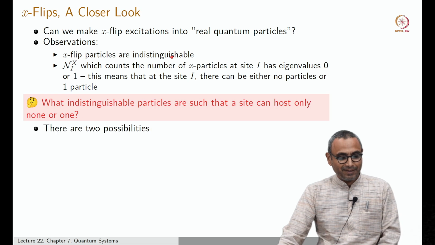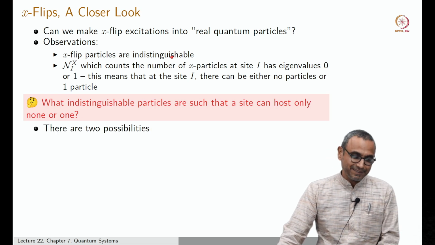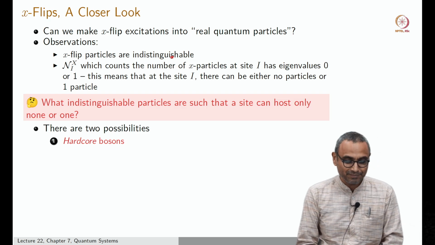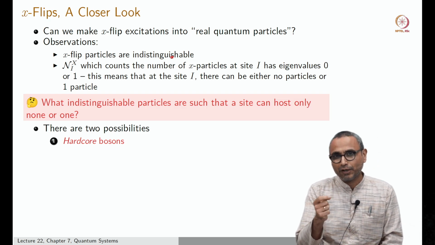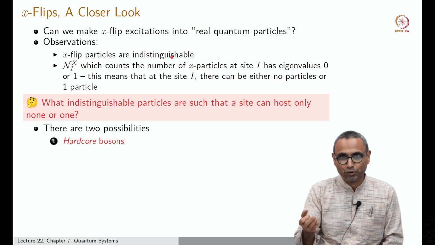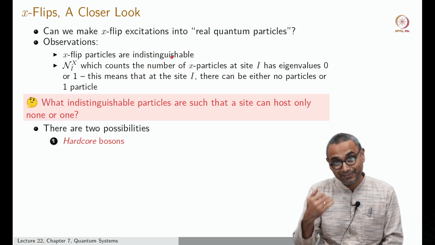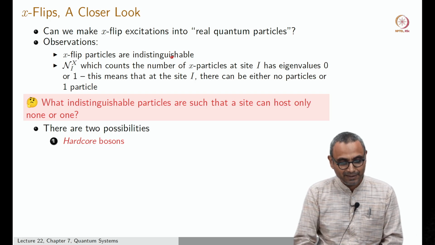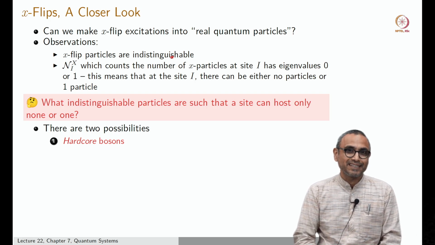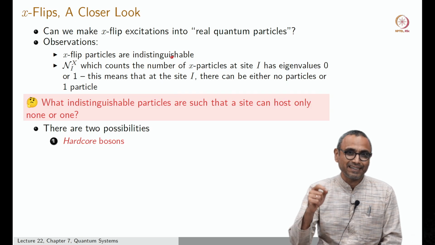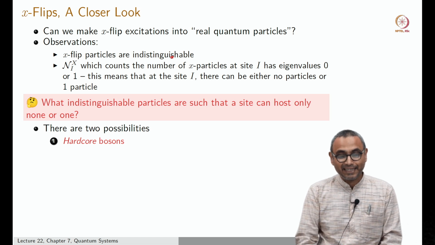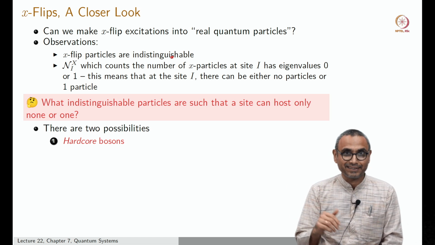There are 2 possibilities. The first one is called hardcore bosons. This is different from what we call canonical bosons. In canonical bosons, you can have any number of particles occupy the same site, for example. Hardcore bosons are different in that each site can take only one or no particles. There is no option of having two particles here.